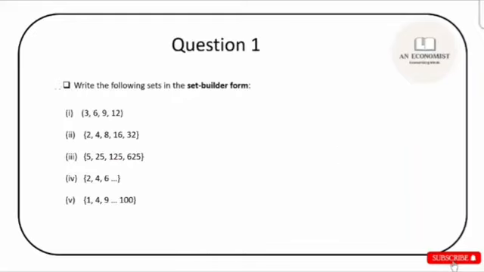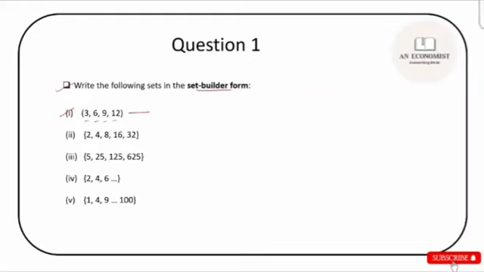The first question says, write the following sets in the set builder form. Now in the set builder form, the elements of the set are written in terms of some logic, right? We have studied this in the previous lecture only. So what you need to do is find the patterns in each of these elements so that you can form that logic. If you see this particular set, it has 4 elements, 3, 6, 9 and 12.